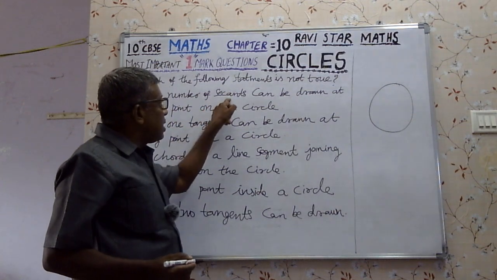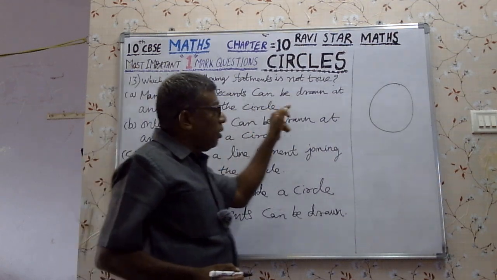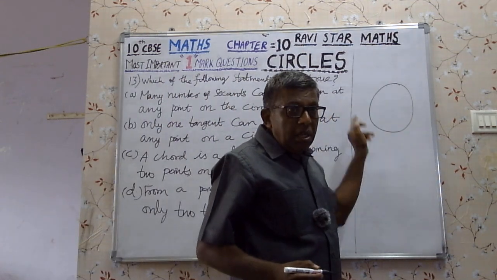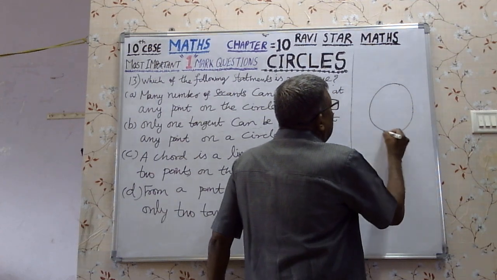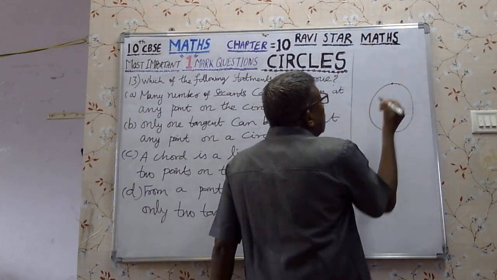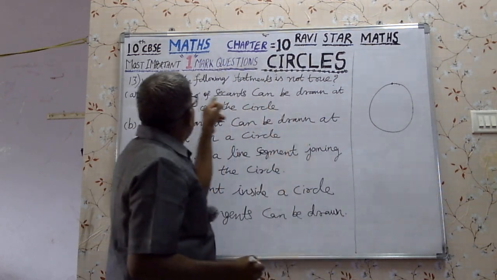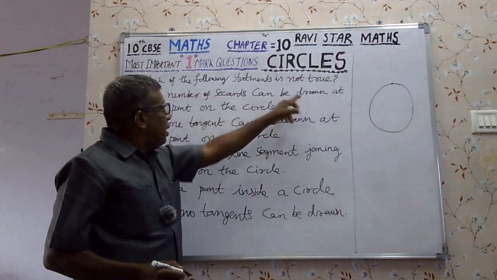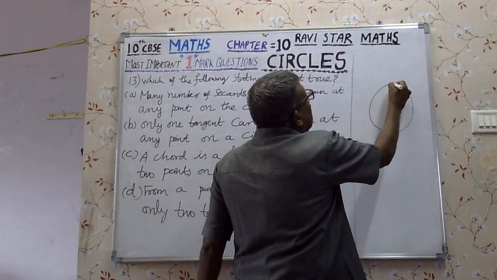Many number of secants can be drawn at any point on the circle. On the circle, there are so many points. We take one point.